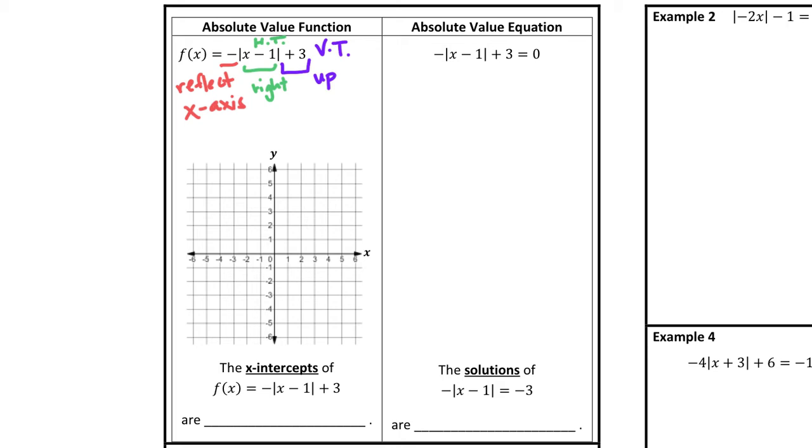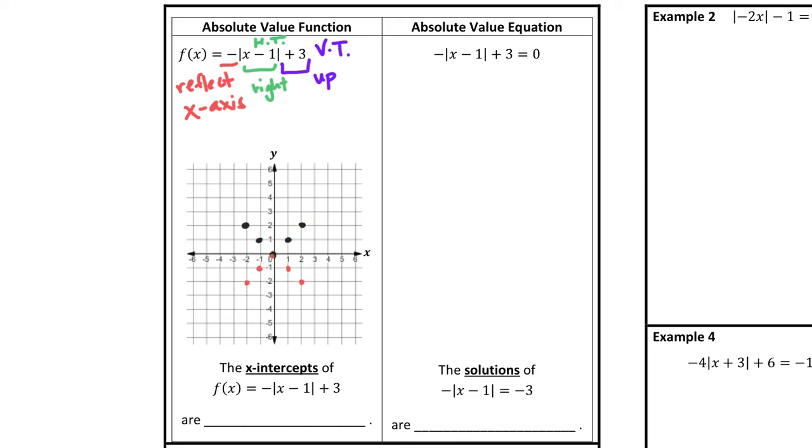Okay, so let's say I have the parent function. Right, so these 5 points in black are my parent function points. And so I'm going to reflect over the x-axis. So that's going to cause the points to appear downward, right? It's reflecting over the x-axis. So the x-axis is like my mirror, and so everything that's on top is going to be on the bottom.